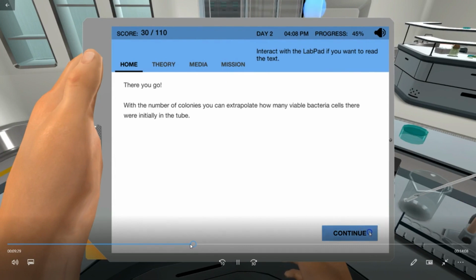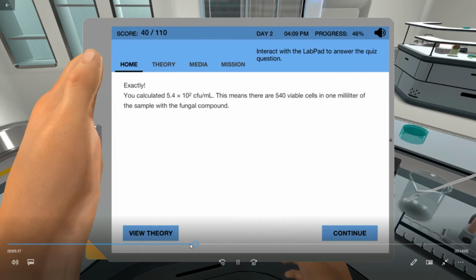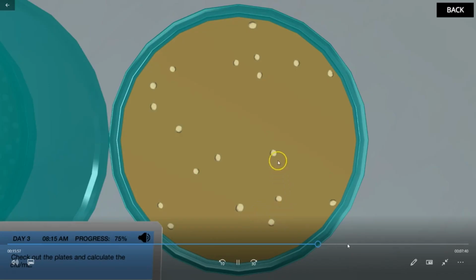At the end, the students will then know how to calculate the colony forming units per milliliter of the bacterial culture by using a CFU calculator. And they'll be able to see from all their experiments and calculations whether or not the fungal compound can be used as an antibiotic. So there's a lot of experimentation and calculation that goes on throughout the simulation, as you see here.